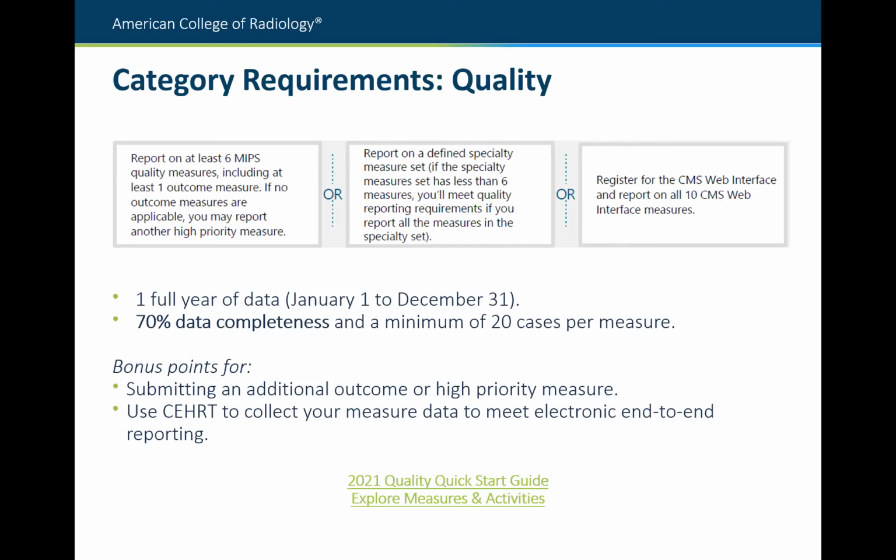You can still get bonus points for submitting additional outcome or high priority measures or by using electronic health record technology to collect your data to get end-to-end reporting. And small practices will continue to get 3 points if they don't meet data completeness requirements. And at the bottom here, you can see there's a 2021 quality quick guide, start guide, and how to explore your measures and activities.